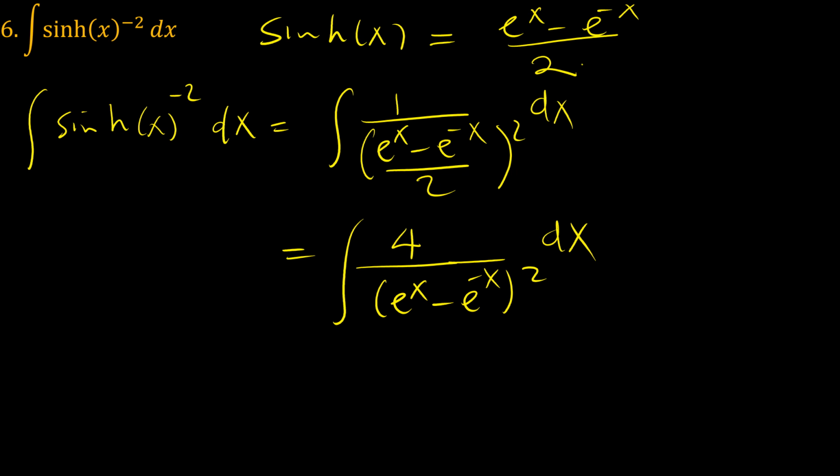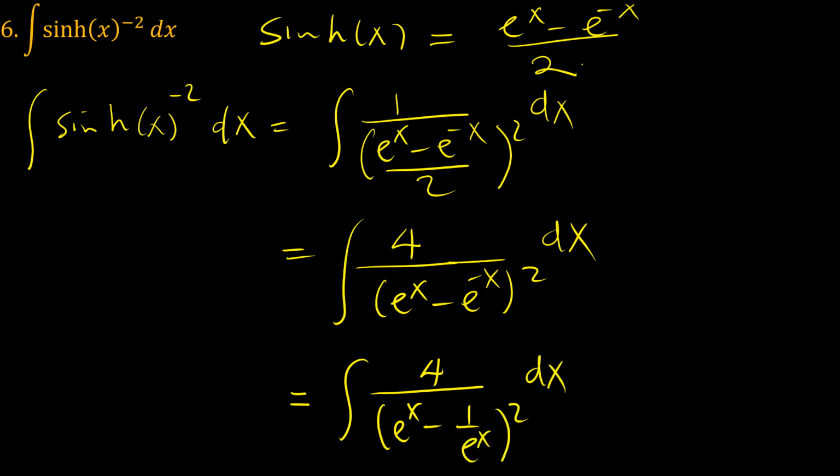There's one thing I personally would like to do here to make things simple. So we have e to the power x minus 1 over e to the x squared dx, which is the same as 4 e to the power 2x, because the numerator has gotten squared and pulled out into the numerator, over (e to the power 2x minus 1) squared.